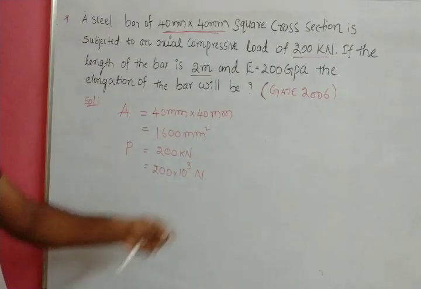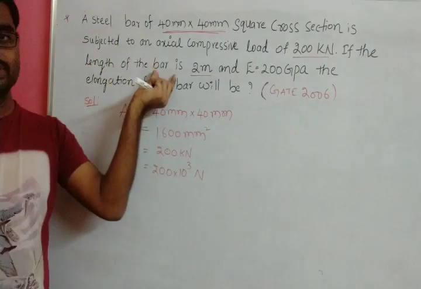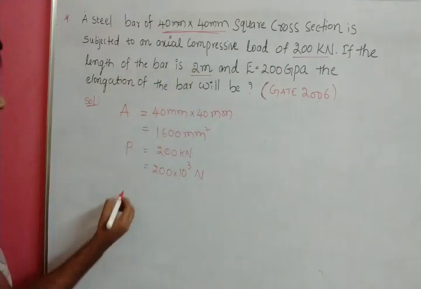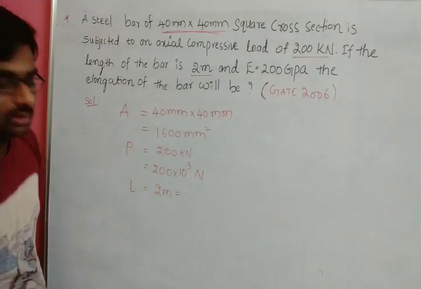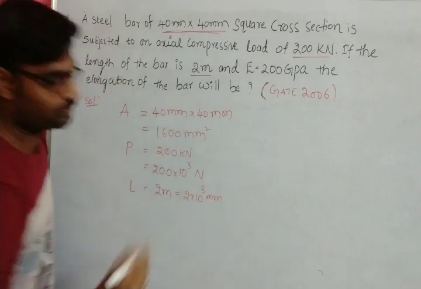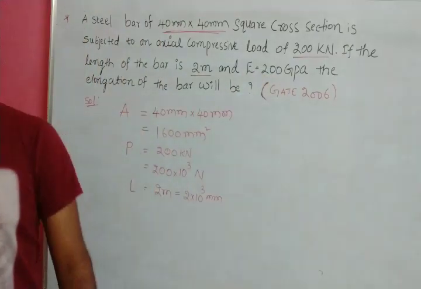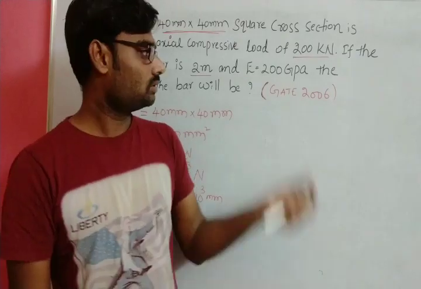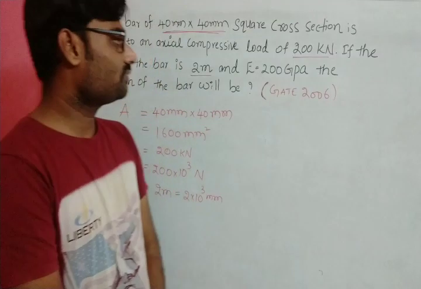Load is over. What is the next value? The length of the bar is 2 meters. Just convert into mm, then 2 into 10 power of 3 mm. And capital E equal to 200 GPa. GPa means gigapascal. E means Young's modulus or modulus of elasticity.